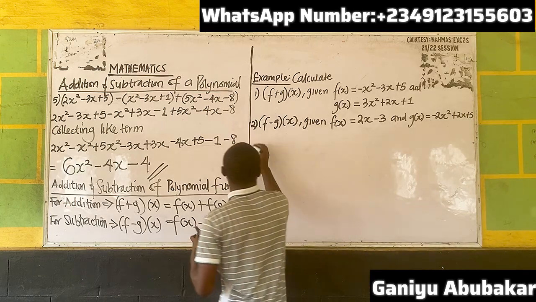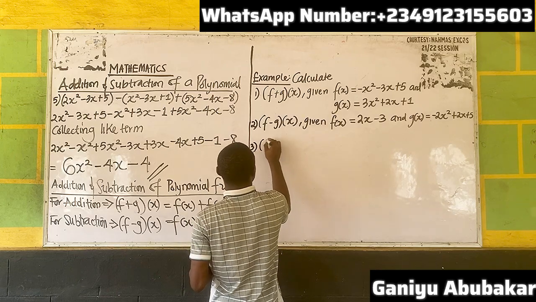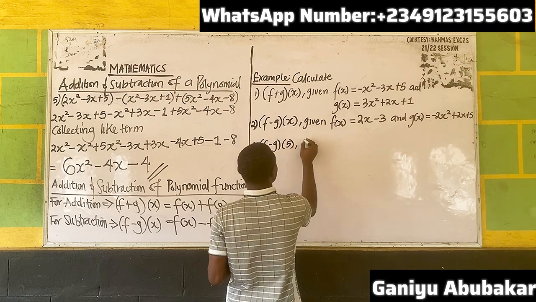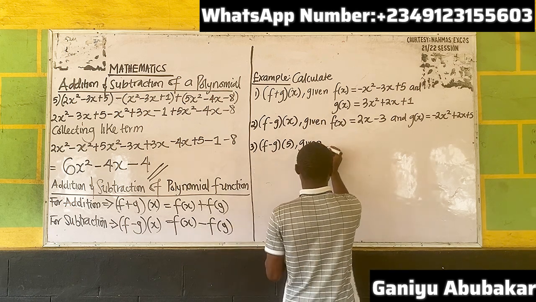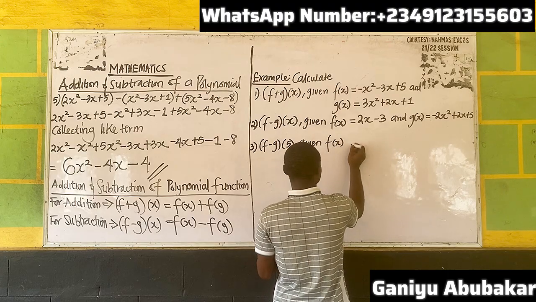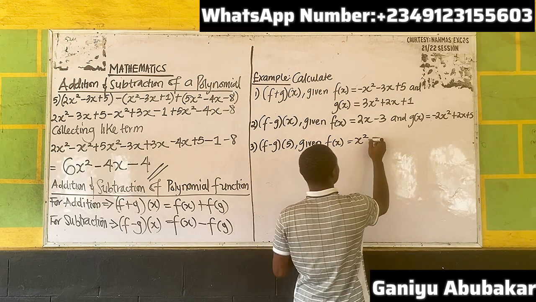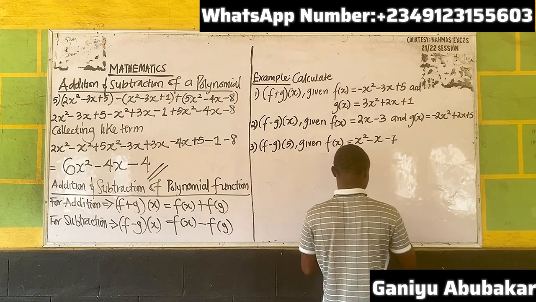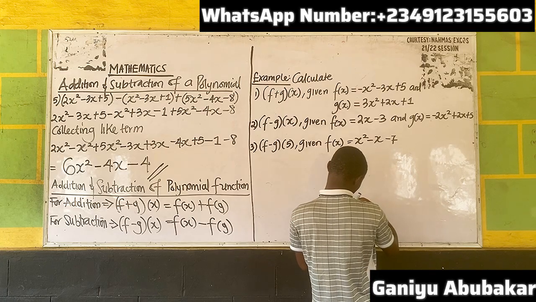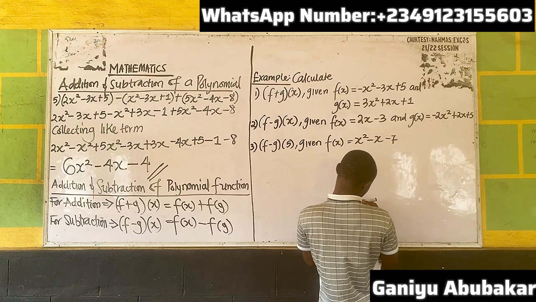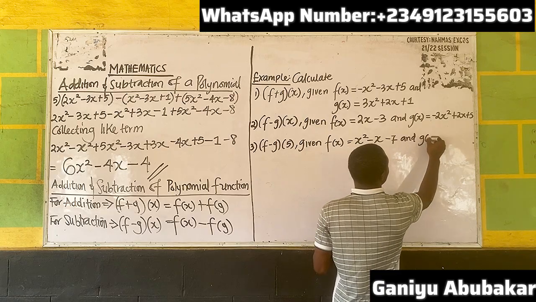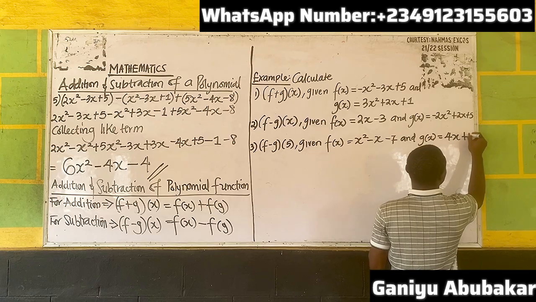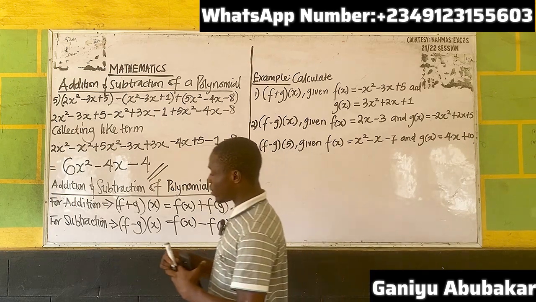Then number 3 says f minus g of 5, so given that f of x is x squared minus x minus 7 and g of x is equal to 4x plus 10. All right, let's get this done.